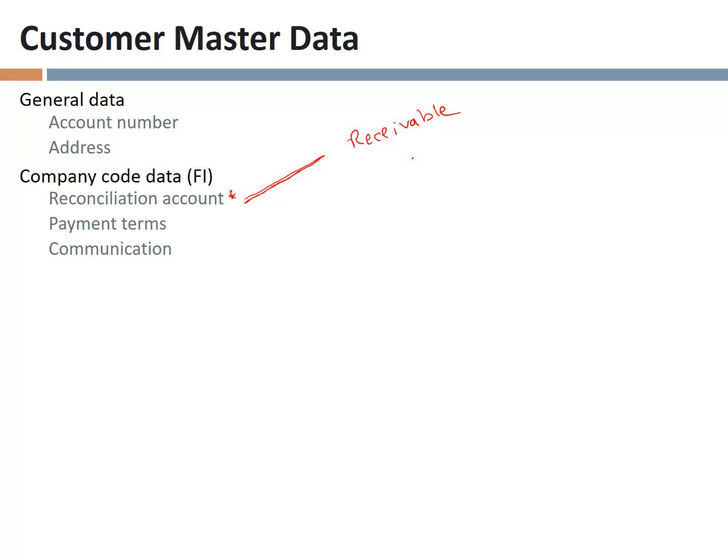We could have wholesale receivables, retail receivables. We could have other ways of organizing our receivables and map different customers to different reconciliation accounts.